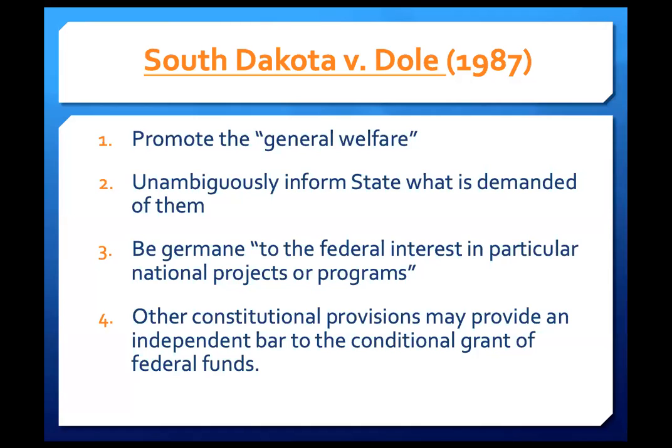But I'm hoping we can talk when we get together for our class discussion about whether or not this makes sense, whether it makes sense to draw this line between the type of coercion that the court was concerned about in New York versus United States with the radioactive waste laws, yet still said conditional spending programs are exempt from a general anti-commandeering rule. Does it make sense to draw that kind of line to say it's okay for the federal government to try to use carrots and sticks of money to get states to do what they want, thereby getting them to pass legislation or not pass legislation?